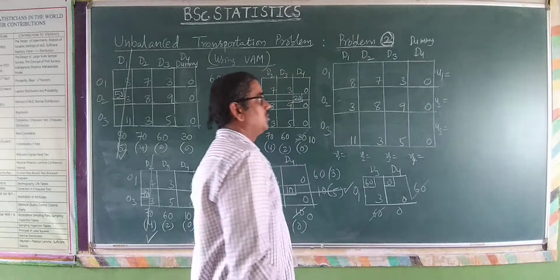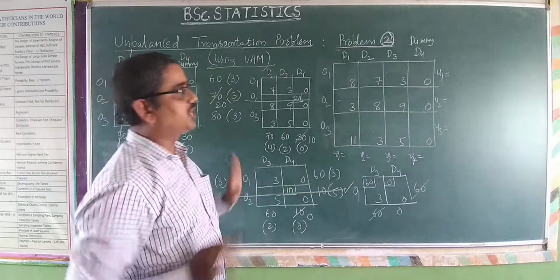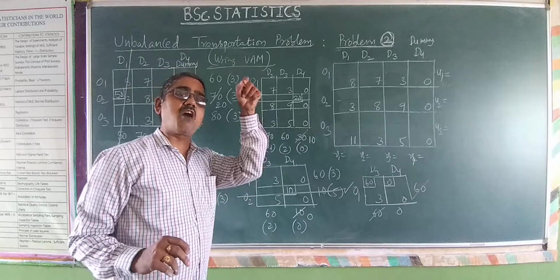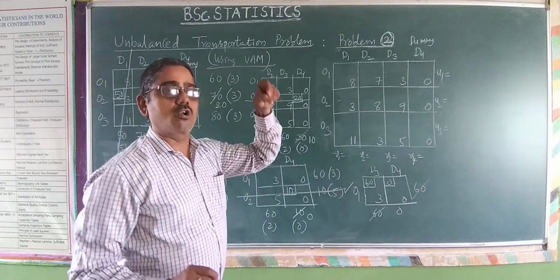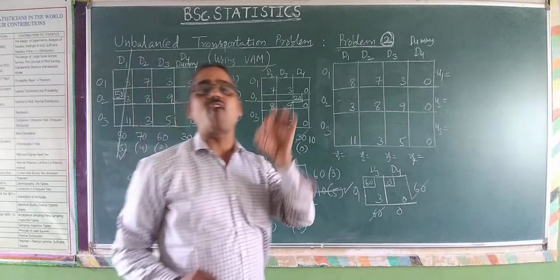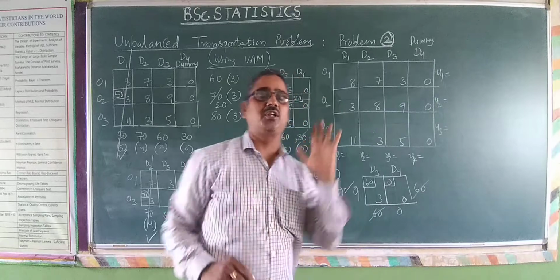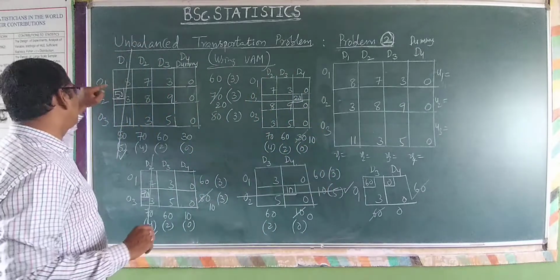Okay, so this is the transportation table I have prepared, in which I have to write and furnish all the values of the initial solution, considering from one table to another table.